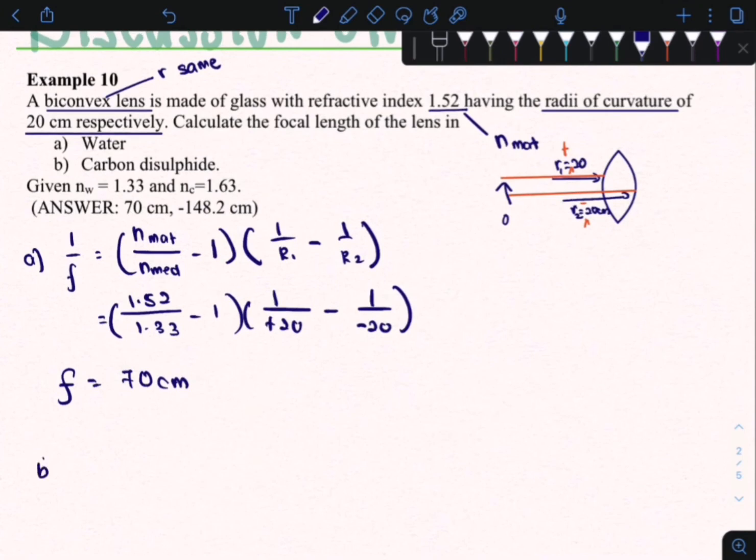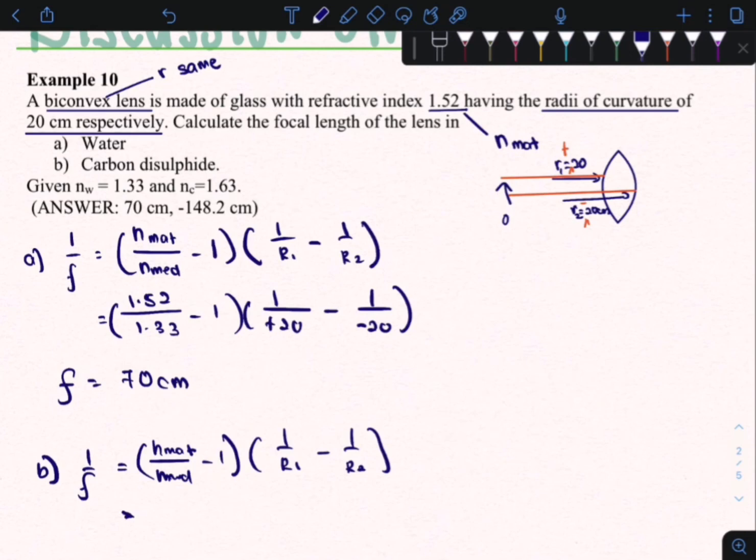And then for your part B, everything remains the same except for the medium where your lens has been placed changes. So N material over N medium minus 1, multiplied by 1 over R1 minus 1 over R2, is still the same. You're going to look from the same side.